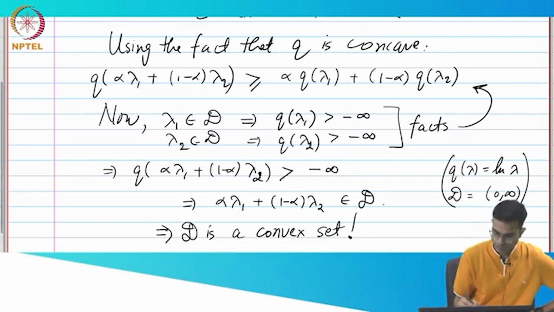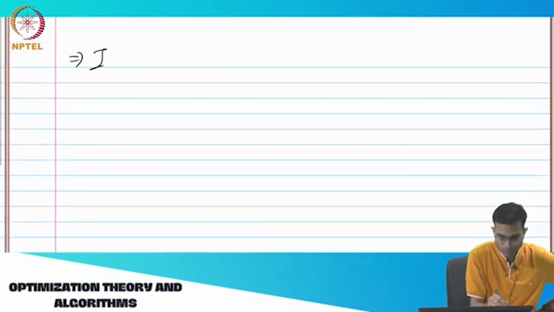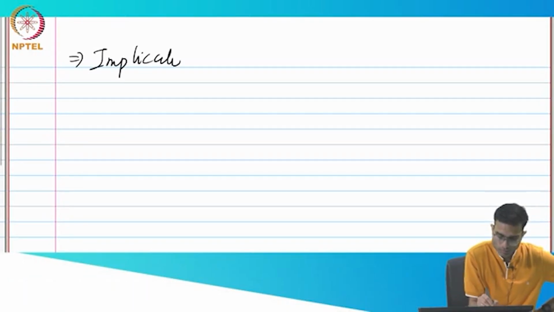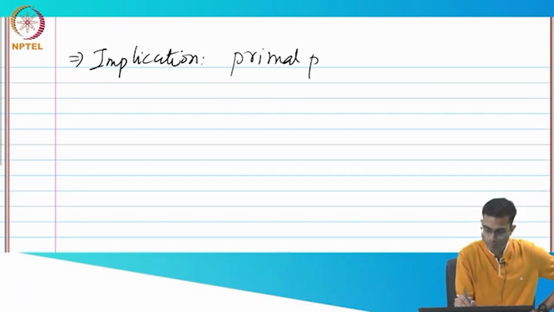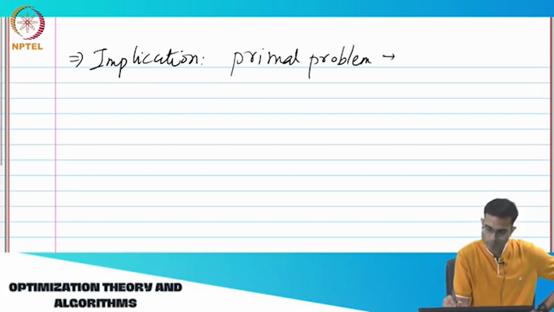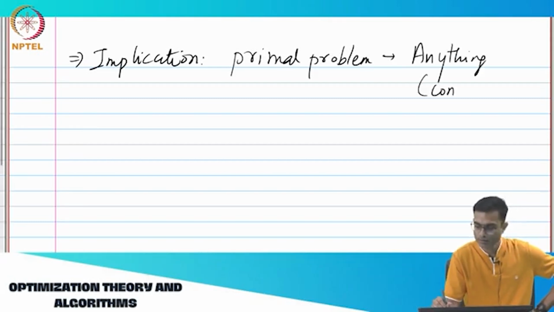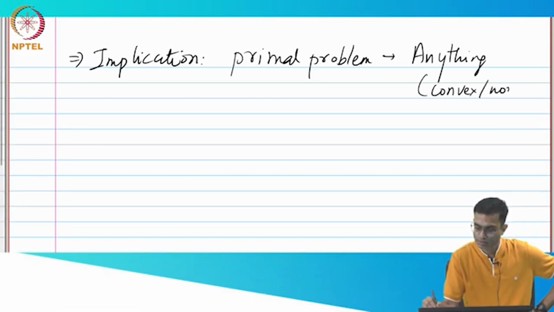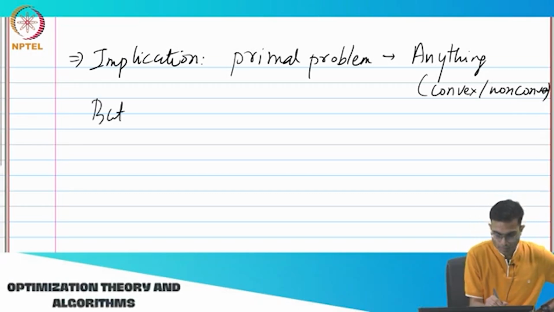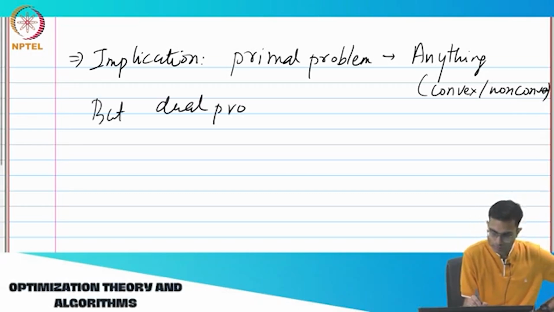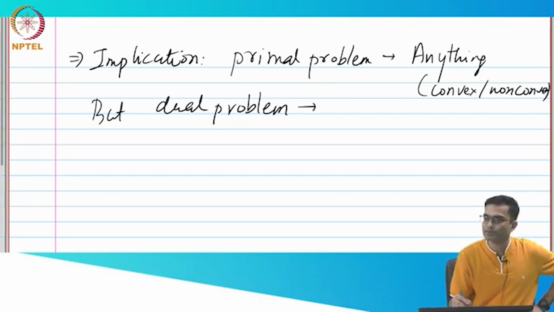Fine. So I've already said this before, but what is the implication? The implication is that the primal problem can be anything. By anything I mean convex, non-convex. But the dual problem is always convex.